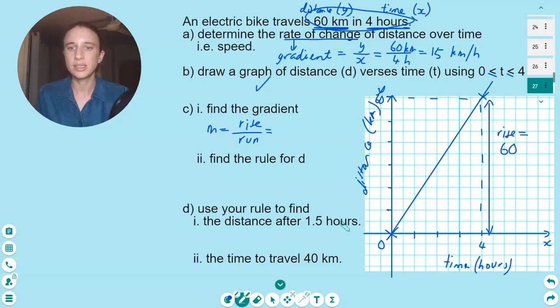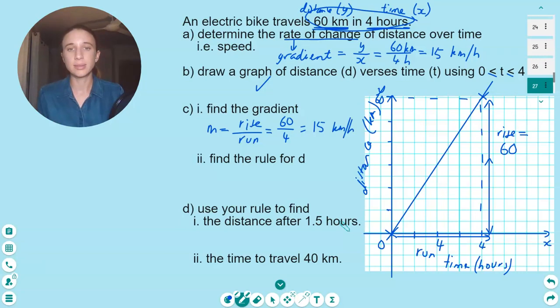Rise equals 60. And we actually have to run across the ground, running 4 units. Okay. And so 60 over 4, 60 divided by 4, I did it again, 15. That's the gradient, and let's include our units of kilometers per hour.